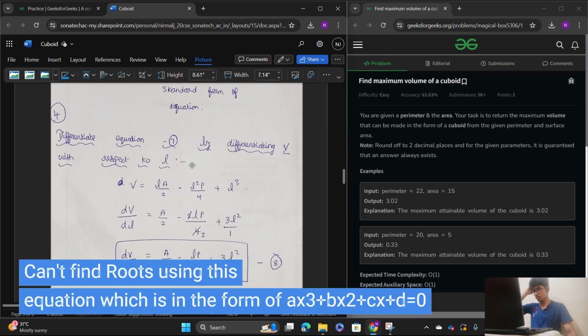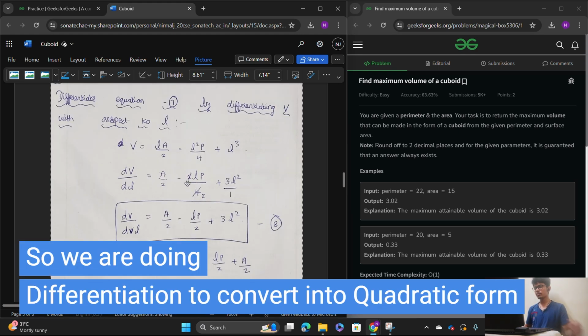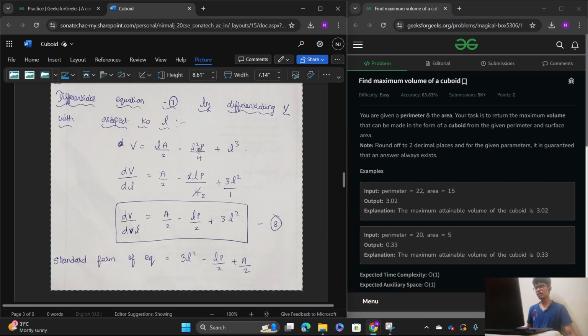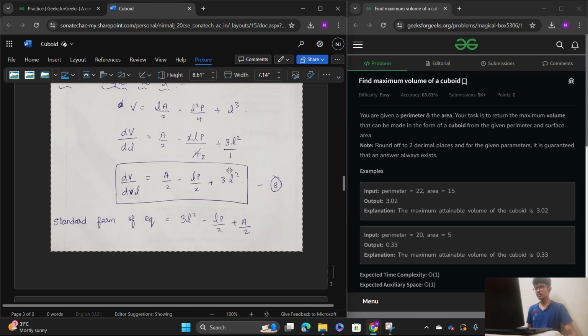I'm going to differentiate V with respect to L. The L square term, L square P by 4, becomes 2L P by 4, and when I differentiate L cube, I get 3L square. After this, we'll get A by 2 minus LP by 2 plus 3L square.